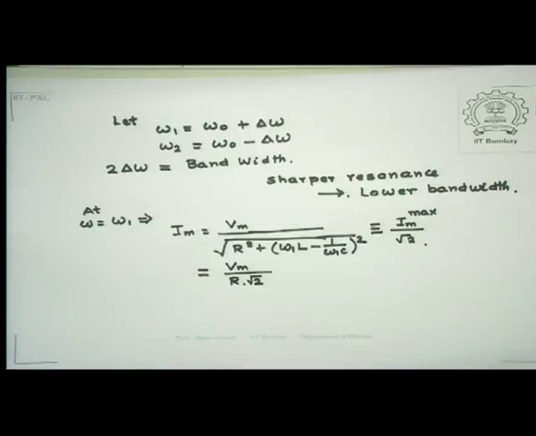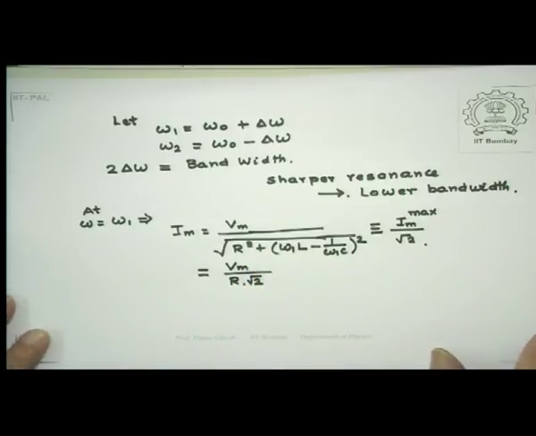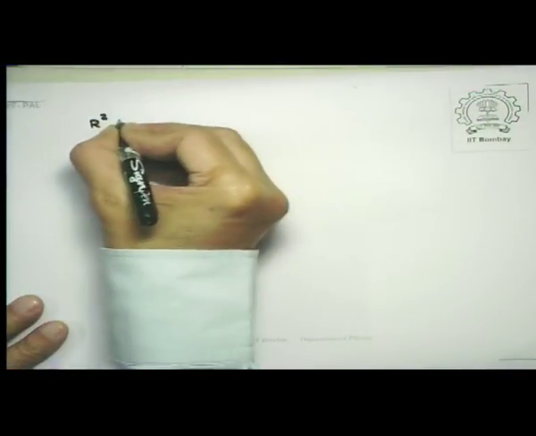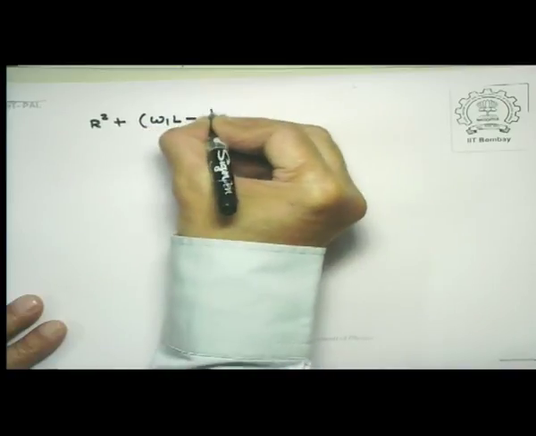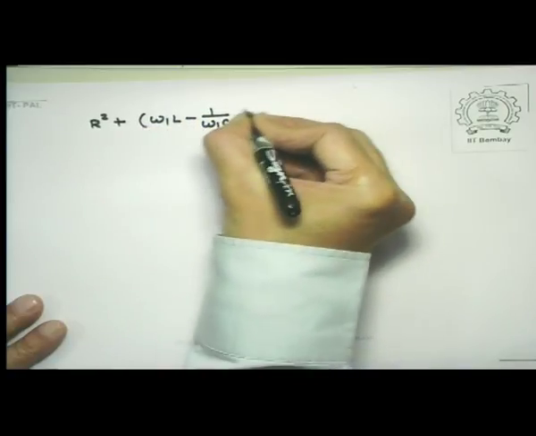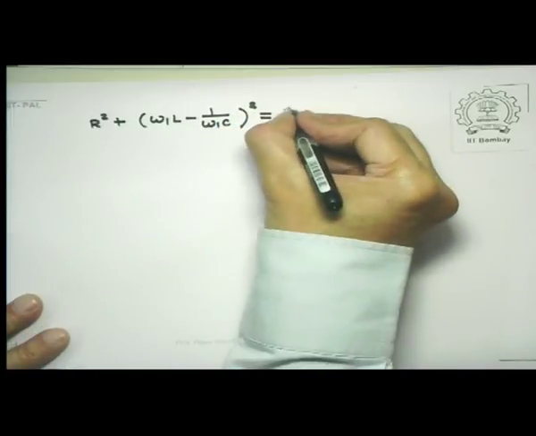So basically what I have is this: by squaring both and doing some algebra, I get R square plus omega 1 L minus 1 over omega 1 C whole square is equal to 2R square.